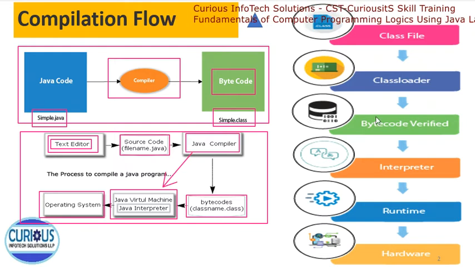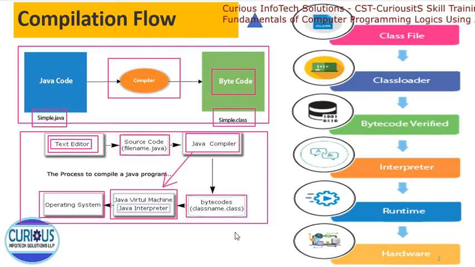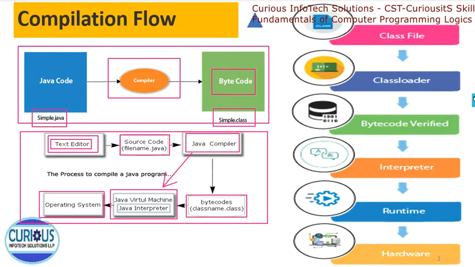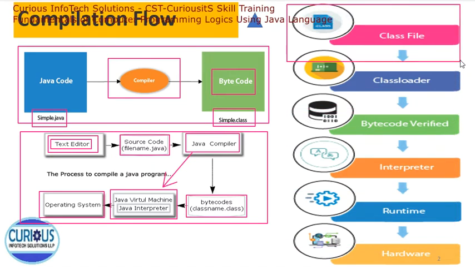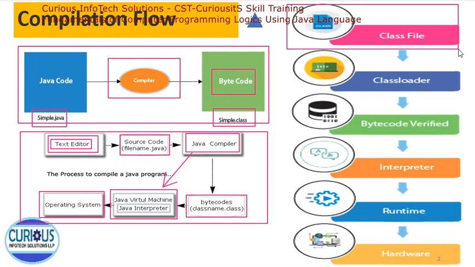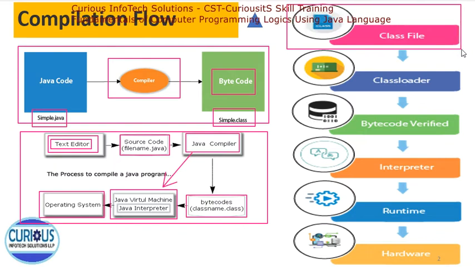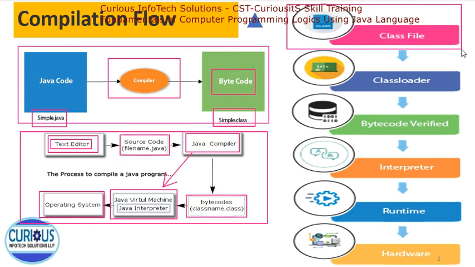Okay, now the last, in this flow figure we can also understand that this is the class file. First you have to write the class file in Notepad or in a text editor.